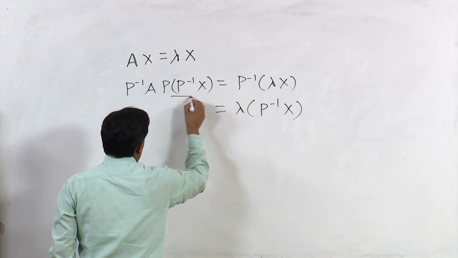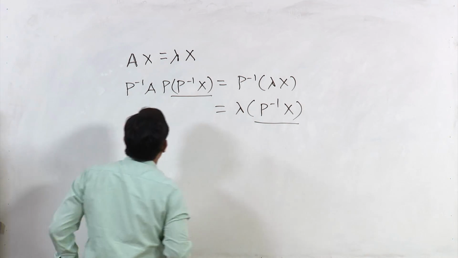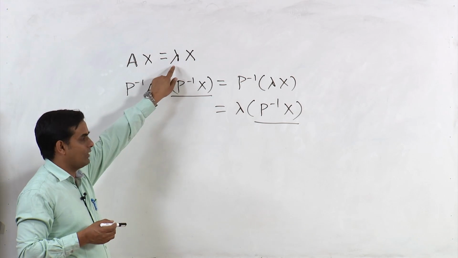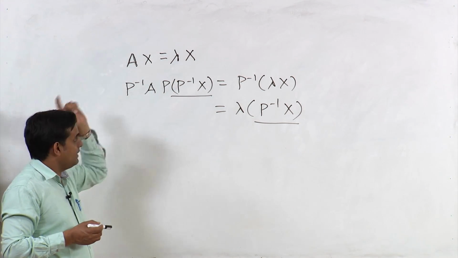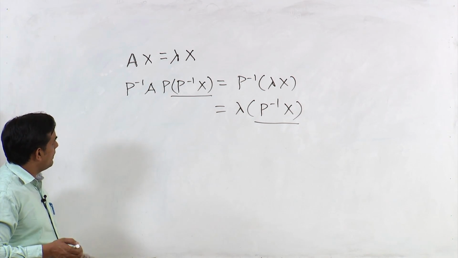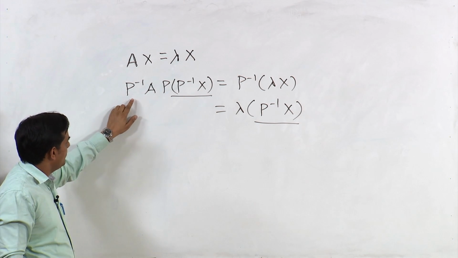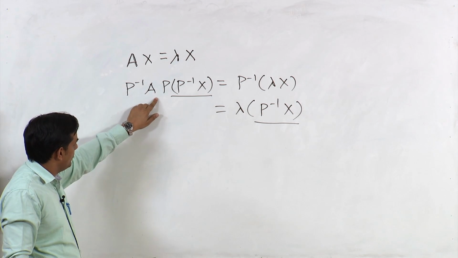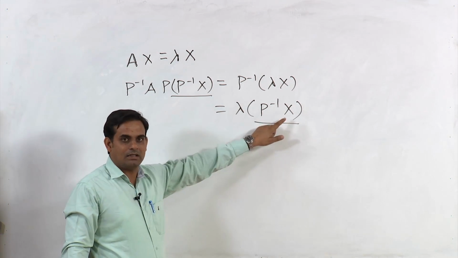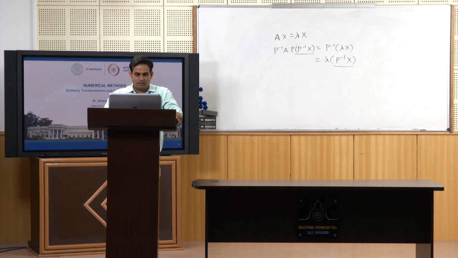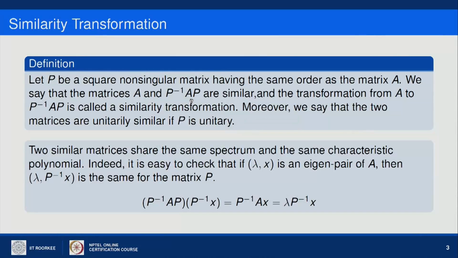So, it tells me that if x is the eigenvector of A corresponding to eigenvalue lambda, then the eigenvector corresponding to the same eigenvalue lambda of the similar matrix P inverse AP will be P inverse x. Hence, A as well as P inverse AP have the same eigenvalues.